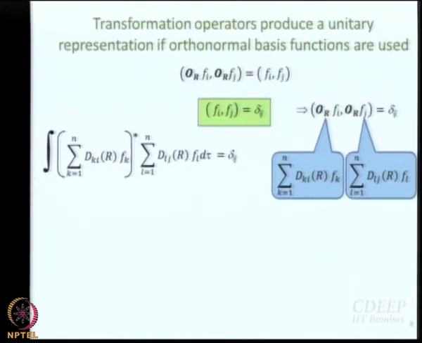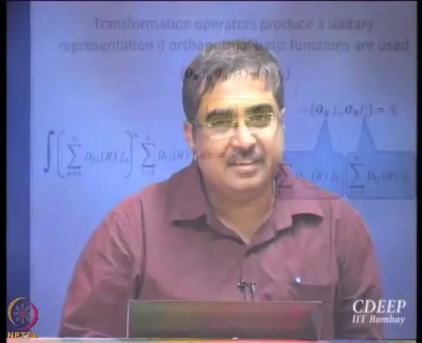Sum over k d_ki R, then sum over L d_Lj R integral f_k f_L d tau, right.